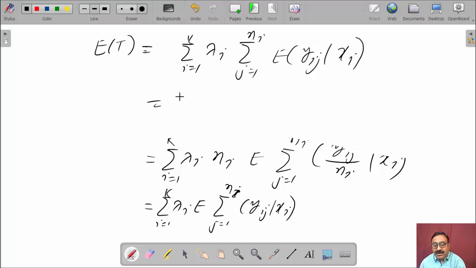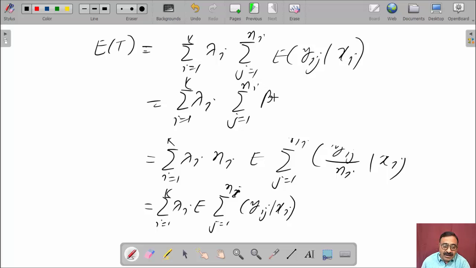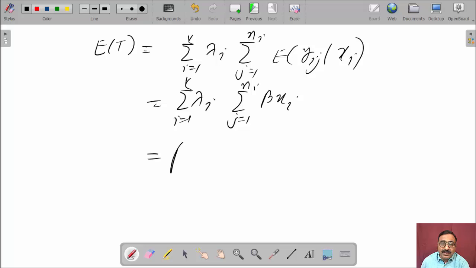Now this will be equal to summation i equal to 1 to k lambda i summation j equal to 1 to ni beta xi, using the condition. So that is equal to beta summation i equal to 1 to k lambda i ni xi.